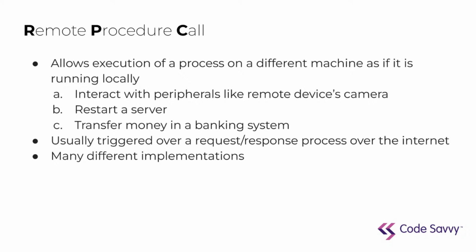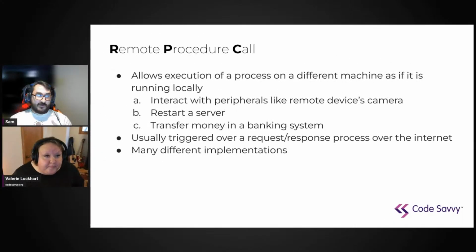So we can interact with peripherals remotely, to access a device's webcam. I'm connected to this call over a website called StreamYard, and I had to allow the browser access to my webcam. Usually only my computer specifically has access to my webcam, but now using this remote call, my webcam is accessible to StreamYard.